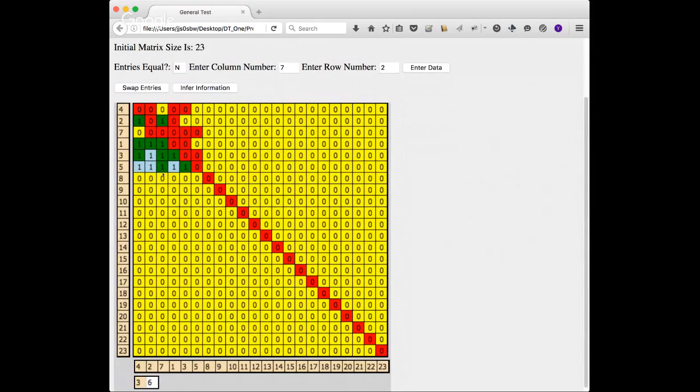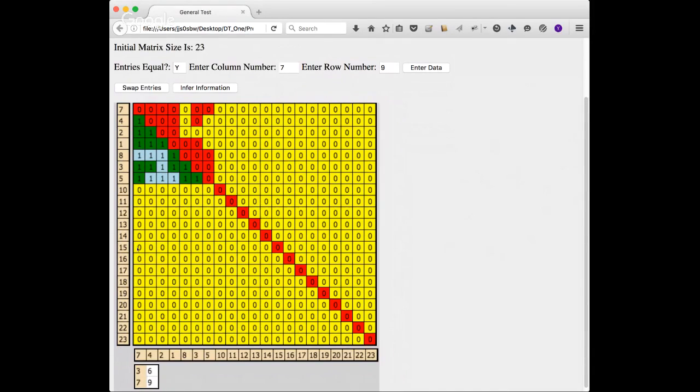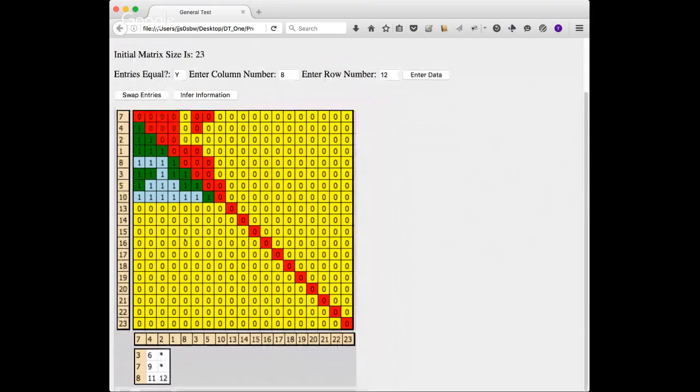Kind of works through here, but again, we're not using any type of advanced search strategy or algorithm to actually minimize the cost of gaining this empirical data. So we're now working through this. So 3 and 6 are at the same level, 7 and 9 are at the same level, 8, 11, and 12 are at the same level.